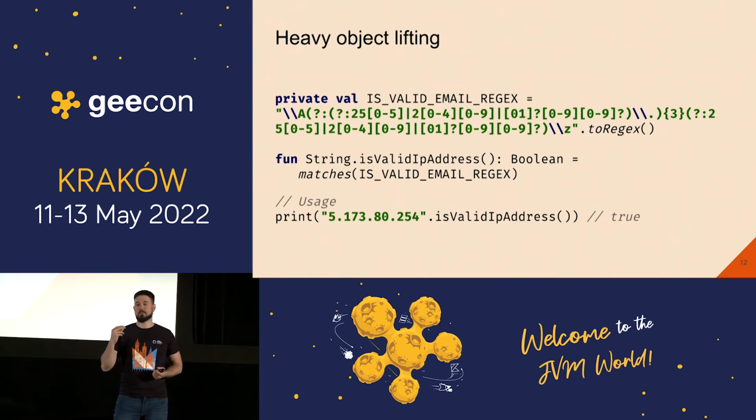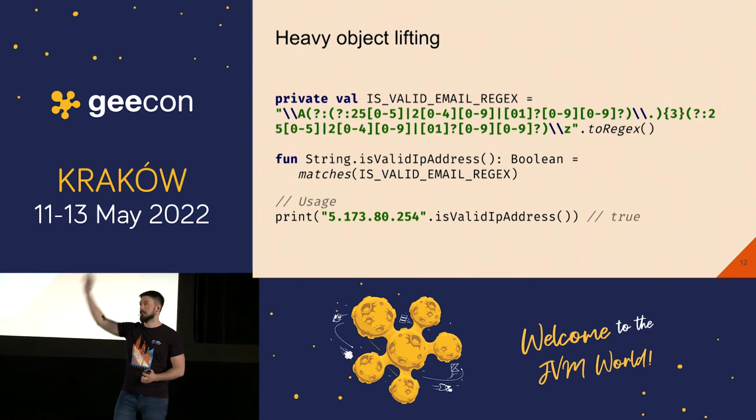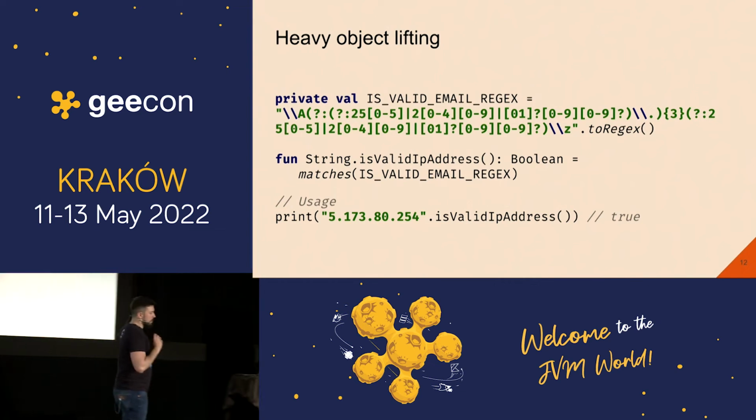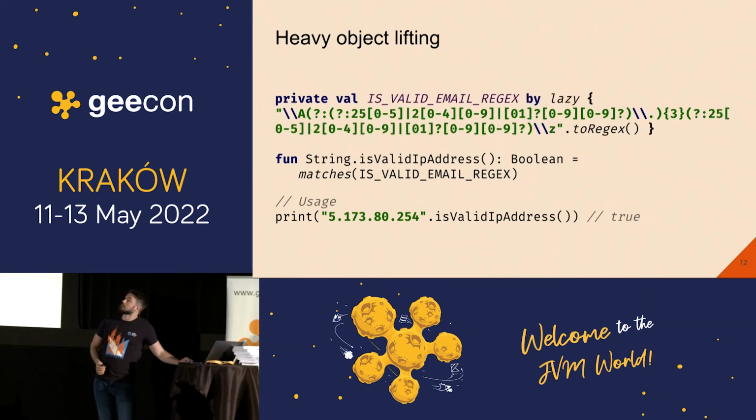Like when you're starting your unit tests, they should be immediate, but instead they need to instantiate all the things they do not need, which makes the instantiation slower. And the nice solution to this problem is to use a lazy delegate. It's one of the solutions, and it's used in different libraries.